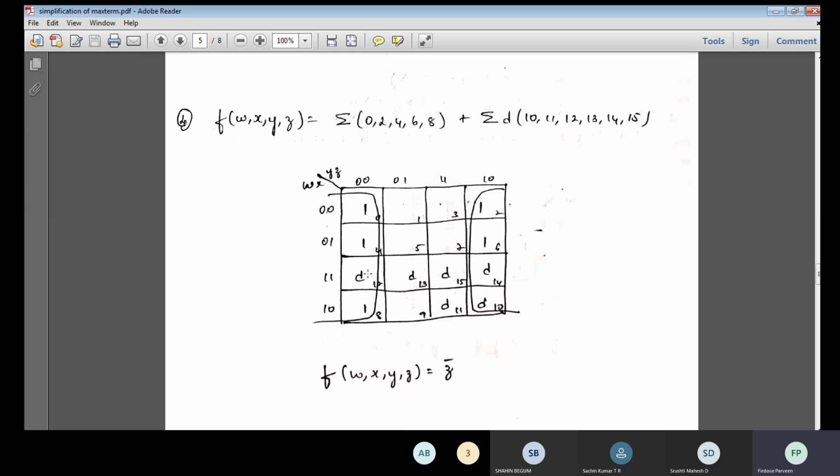All these are adjacent, so I'll get an 8 cell grouping: 0, 2, 4, 6, 12, 14, 8 and 10. It covers all the rows, so I will not get any of the W variables. It covers Y bar Z bar and Y Z bar, so what is not changing is Z bar. So I'll write Z bar here.